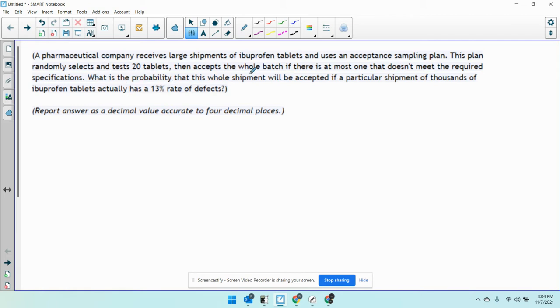So what is the probability the whole shipment will be accepted if a particular shipment of thousands of ibuprofen tablets actually has a 13% rate of defect? So we're looking for the probability of an accepted shipment.